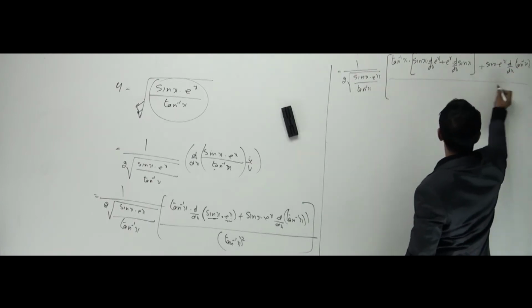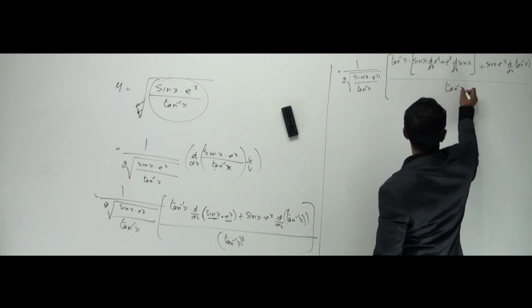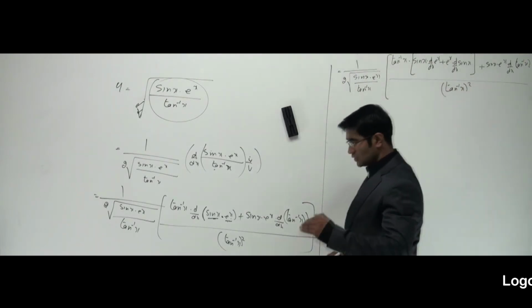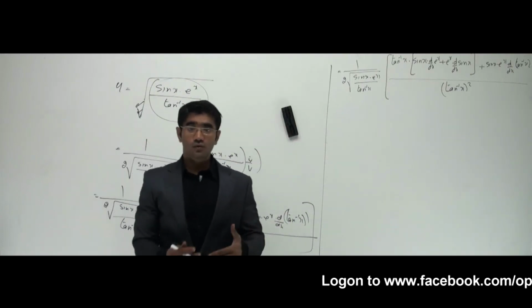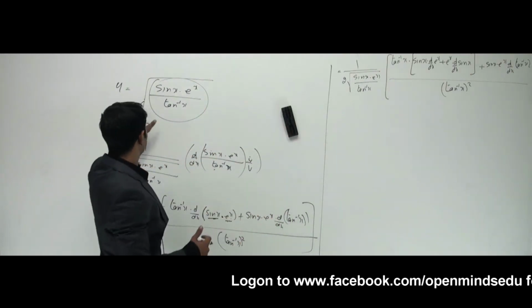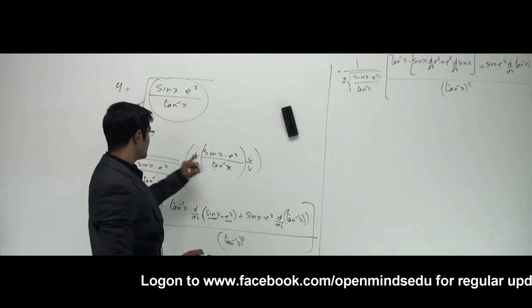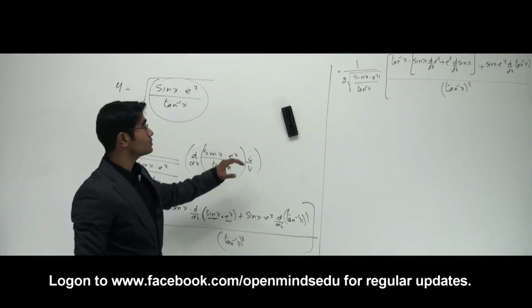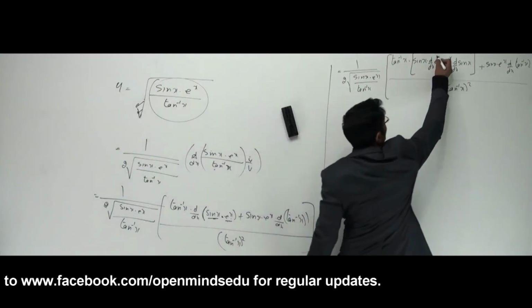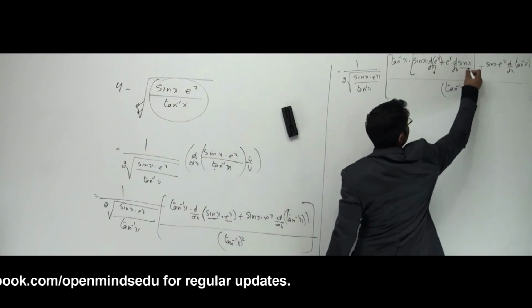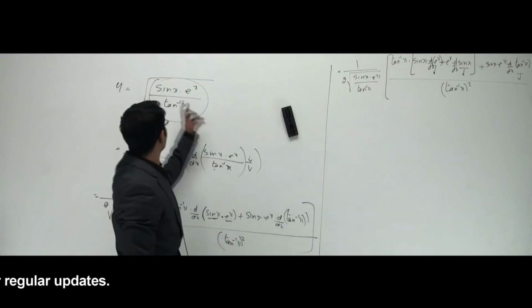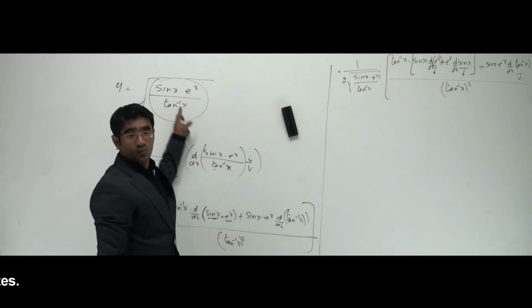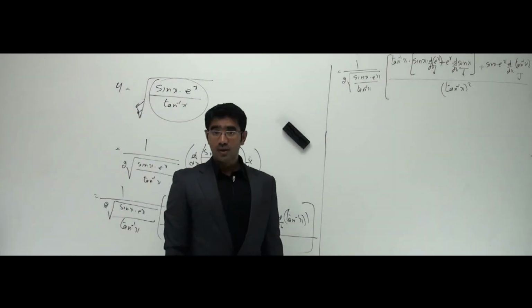The whole thing divided by tan inverse of x, the whole squared. Now, so far I didn't use any formula for differentiation. So far what I just used was chain with a root, and that's it. And inside here I had a product rule and a quotient rule, so I separated them all. See, I got this guy single, this guy single, and this guy single. So there are three functions, 1 2 3, and one chain which I finished. Now is the differentiation part.